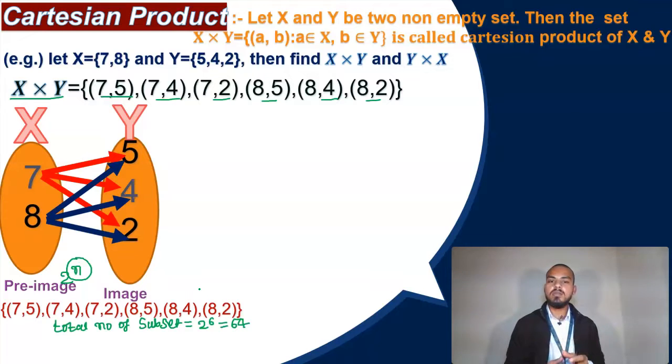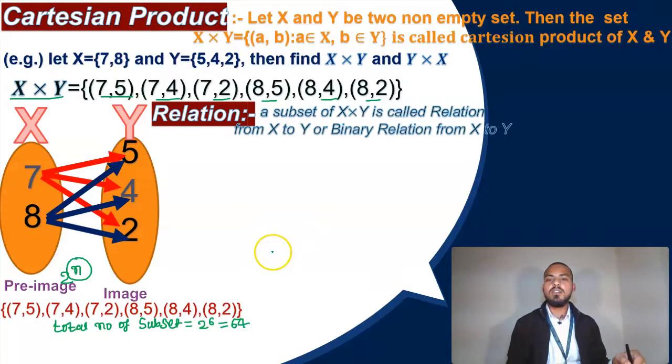So now let's define the concept of relation with the help of this Cartesian product. Suppose you have two non-empty sets x and y, and if you find a Cartesian product from set x to set y, then all the possible subsets of this Cartesian product are called a relation, also known as a binary relation from x to y.